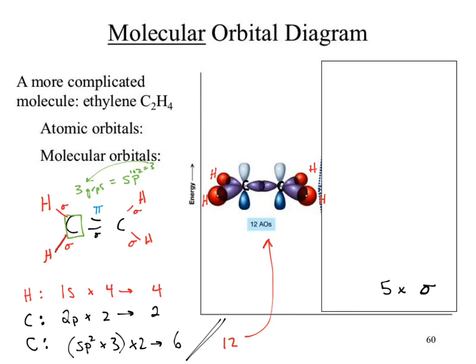Sigma antibonds. How many of those? 5. What would be left over? Because that looks like 10, right? 5 antibonding, 5 bonding. I need 12 atomic orbitals, which means I have 1 pi bond left over with 1 pi antibond. If we go back and look at our diagram, how many pi bonds did we make? 1.